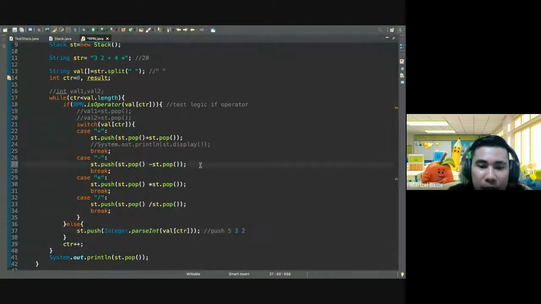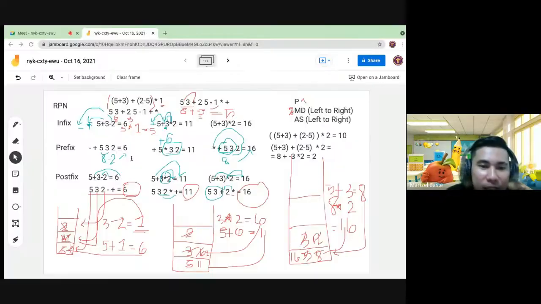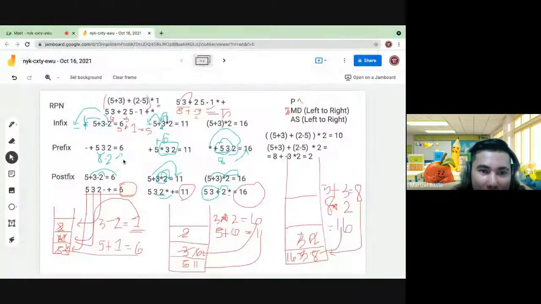So therefore, 2 minus what? 2 minus 3 or 3 minus 2? 5, 3, 2. Okay. 3 minus 2. So 3 minus 2. There. So what's the result of this? 1. 1. Okay.